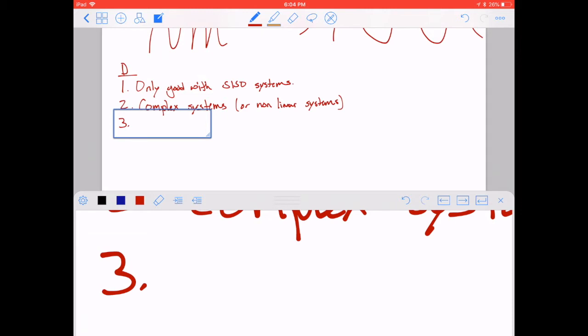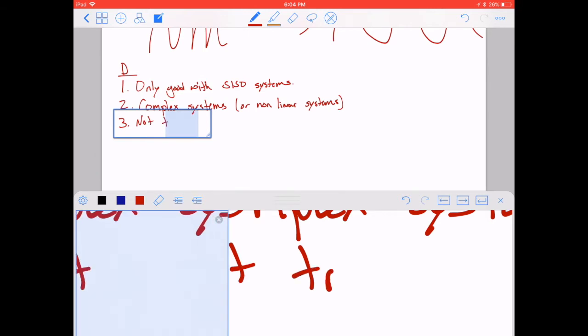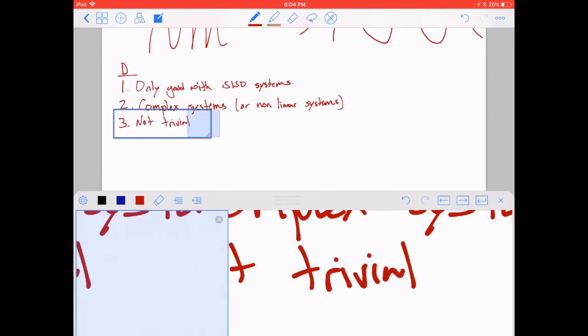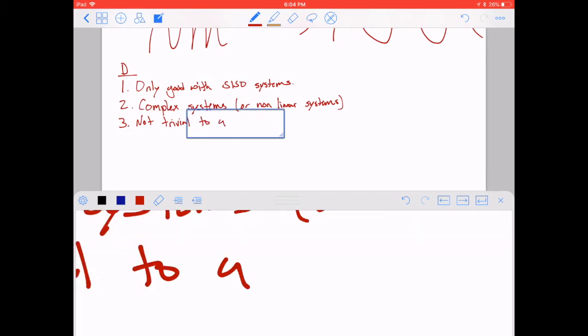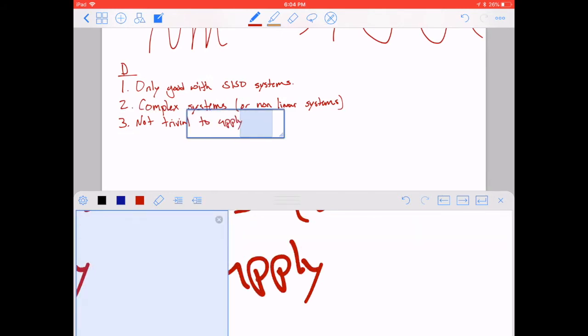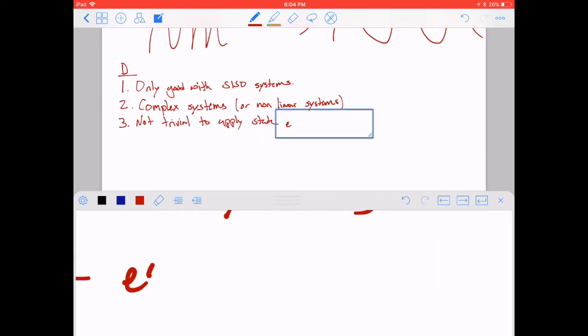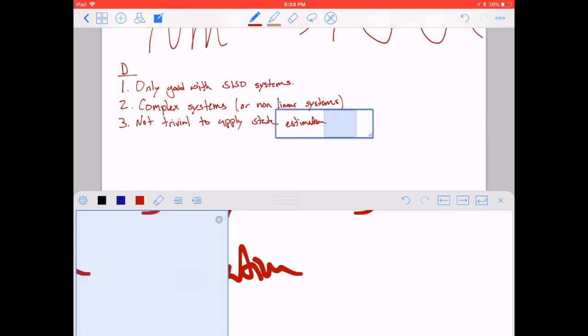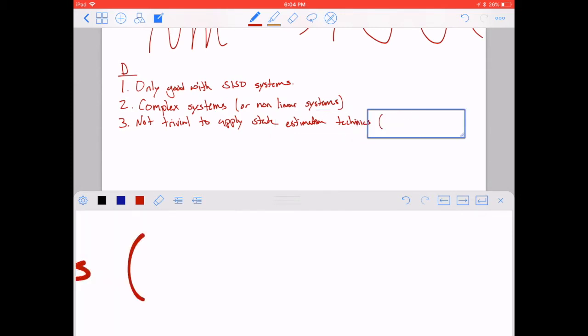So it's not trivial with transfer functions to apply state estimation techniques like Kalman.